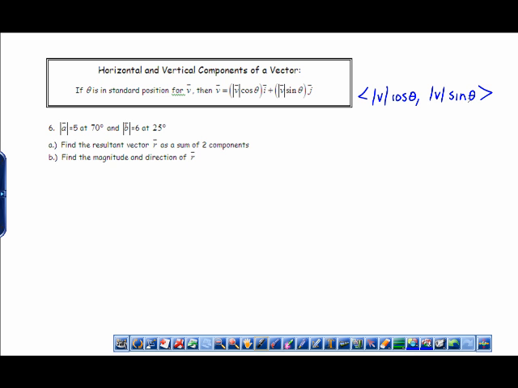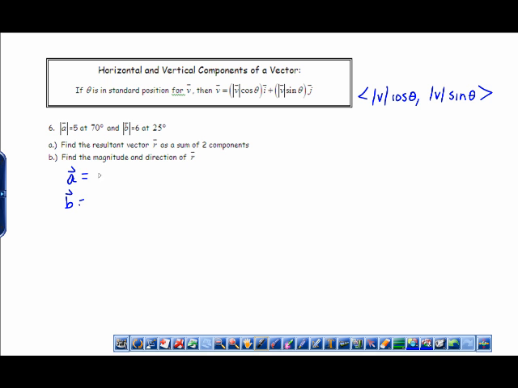So when you're looking at number 6 and you're given two different vectors, both their magnitude and direction, and you're trying to find the resultant vector, well, first thing is we need to figure out what is true about vector A and vector B, before we add them.